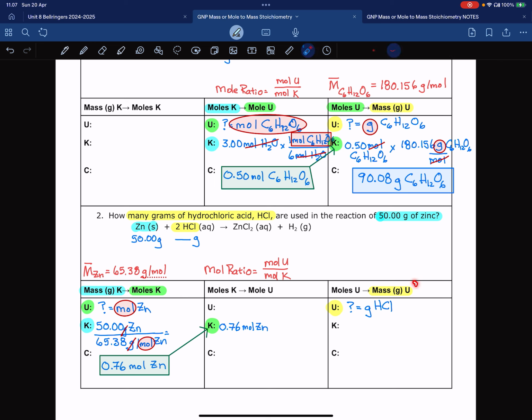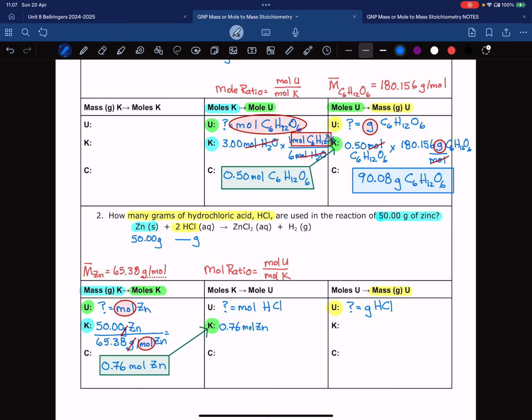What was my unknown? My unknown was hydrochloric acid, HCl. How many are there? There's 2. So I have moles of the known, I want moles of the unknown.